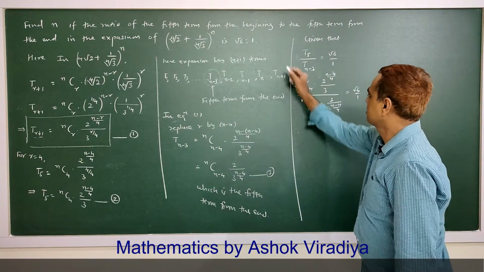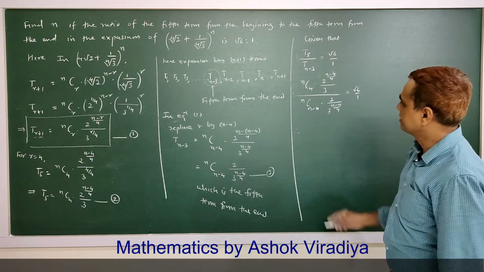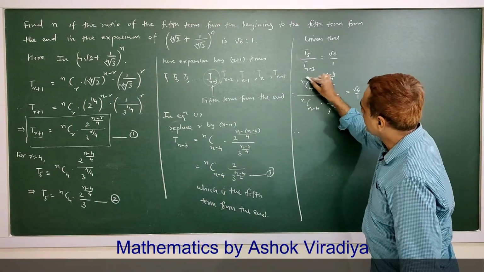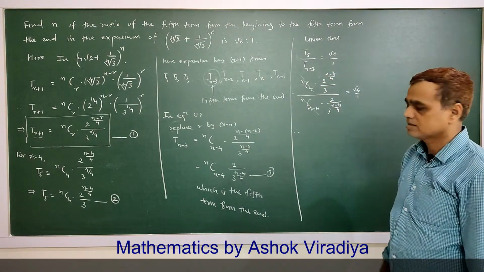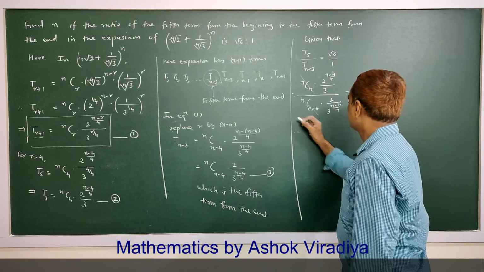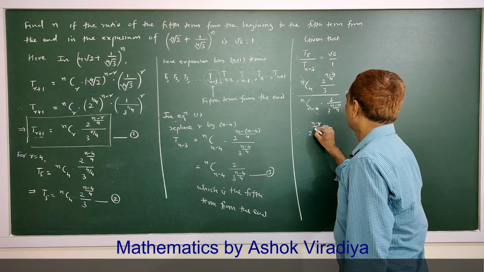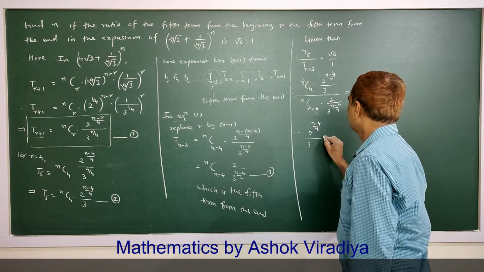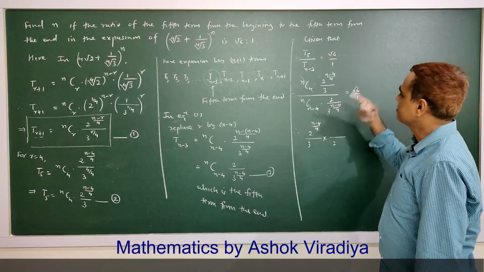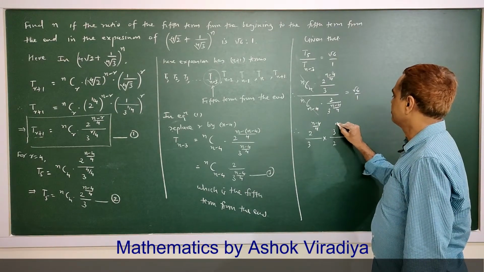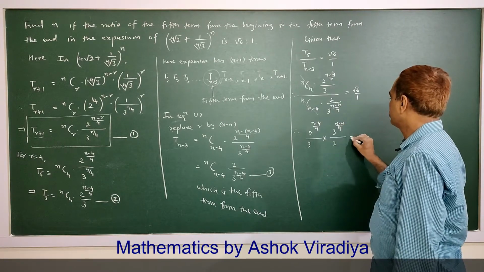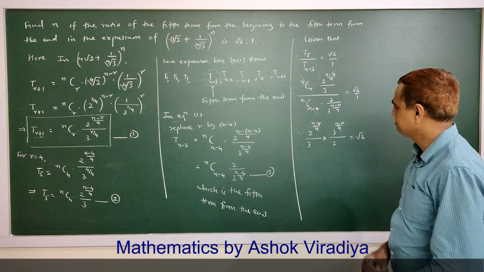Now see, NC4 is NC(n-4). These values are equal, so this will be cancelled. So what is left? 2 raised to (n-4)/4 upon 3 into, this is 2, and this term comes in the numerator, 3 raised to (n-4)/4 equal to root 6.